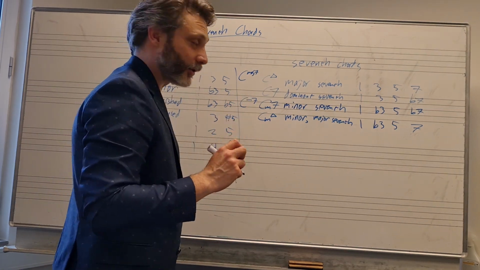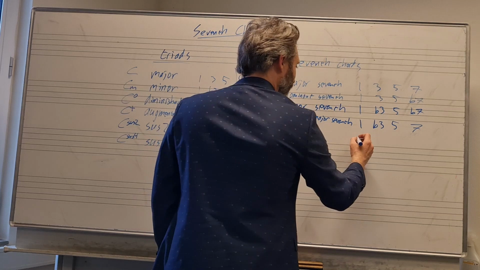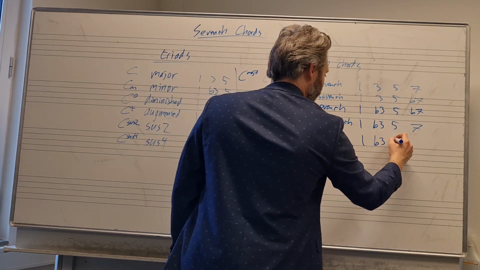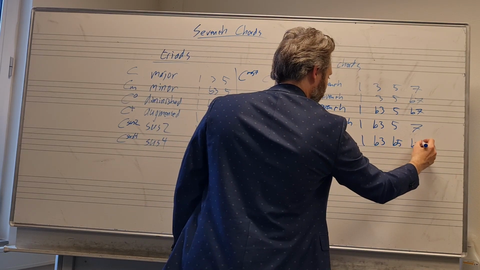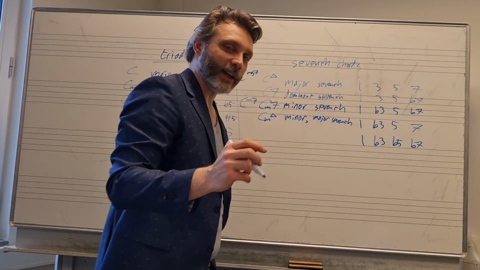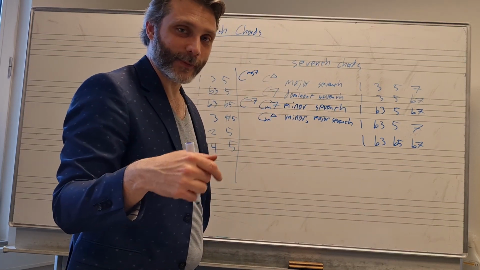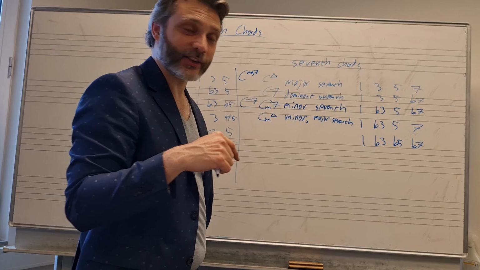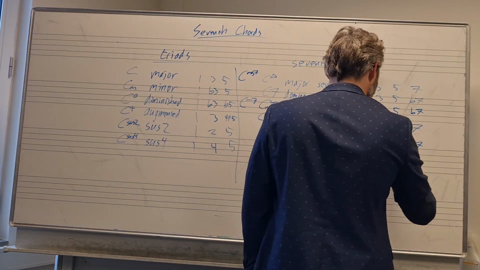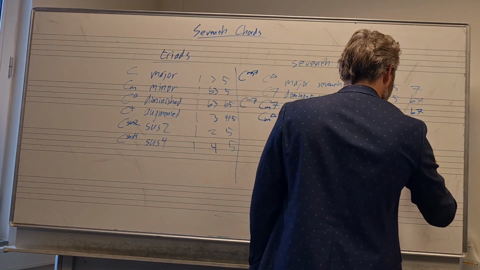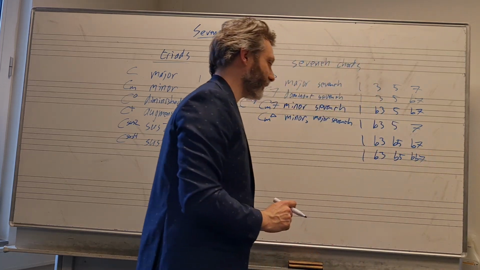I'm going to do two more. There's also this chord. And if you paid attention in the intervals class, we had a diminished seventh. That's because there's a chord that uses the diminished seventh.